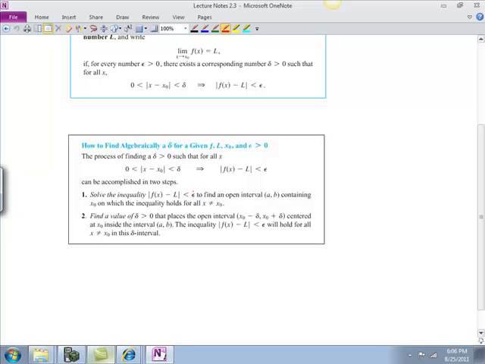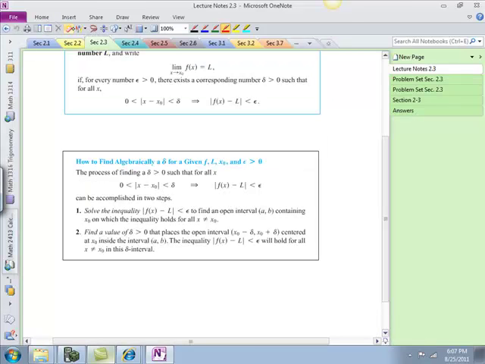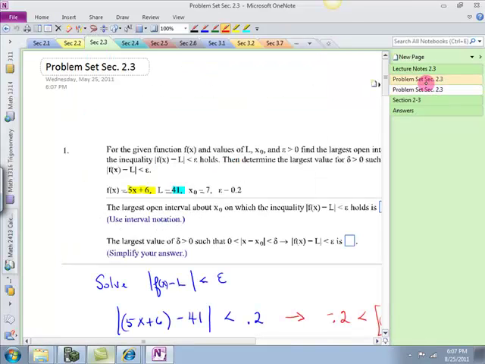You don't have to write that down right now because I'm going to show you in the first problem. Every time we're going to solve this inequality to find the interval on which the inequality holds true. Then we're going to find a delta that works. You don't have to worry about those words. What you need to worry about is the process. So let's look at the first problem.